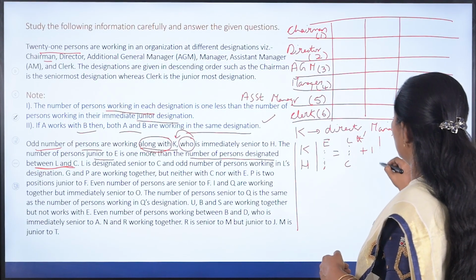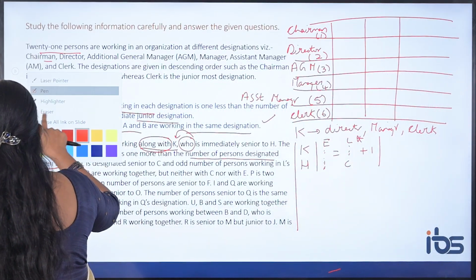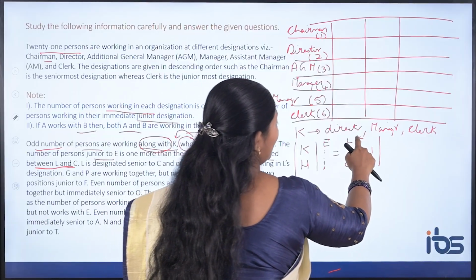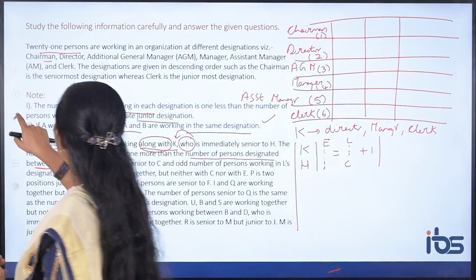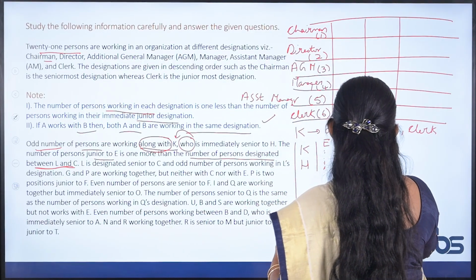It is 1 more. The asterisk symbol means LC or CL. So in this way, since this is a mains level puzzle, you have to decode each and every statement and then see from where to start.